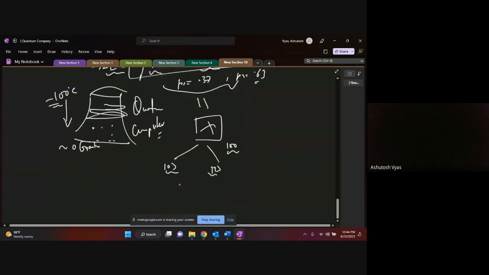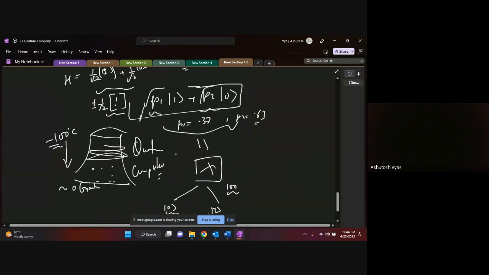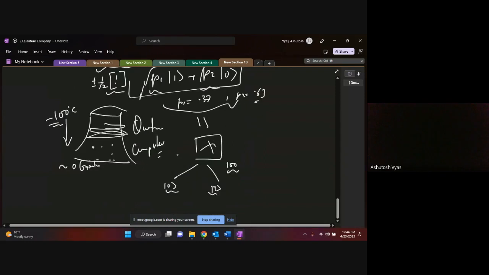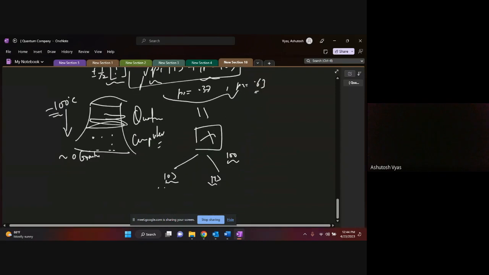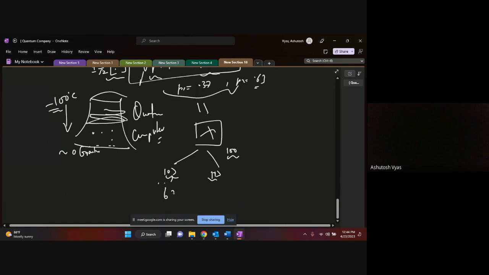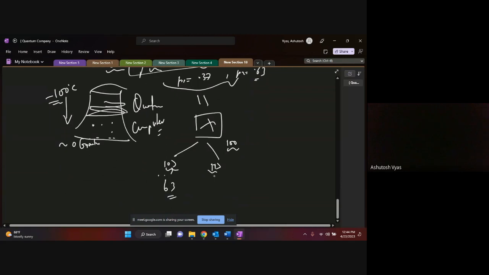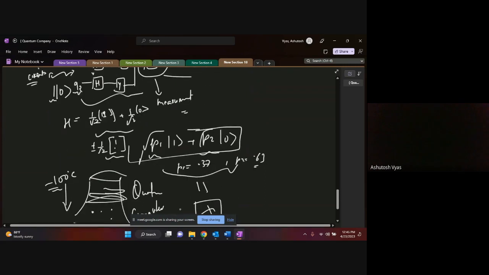You will see that 63% of the time out of 100, it collapses in the zero state, and the remaining time it collapses in the one state. That is how you measure the values of your system, how your qubit is getting constructed, correct?